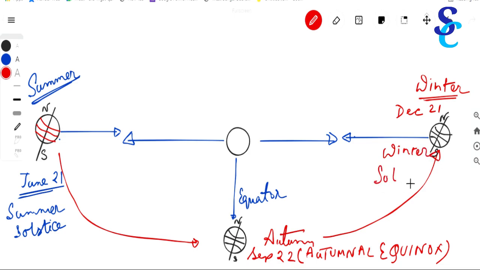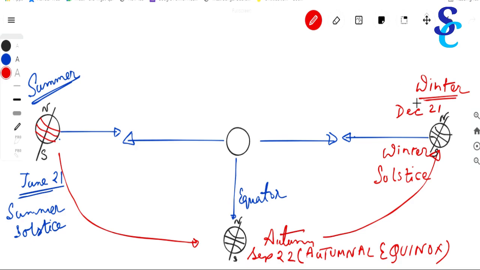Now, what do you mean by winter solstice? Winter solstice means you will have more hours of night than daytime. The daytime will be short and the night time will be longer.